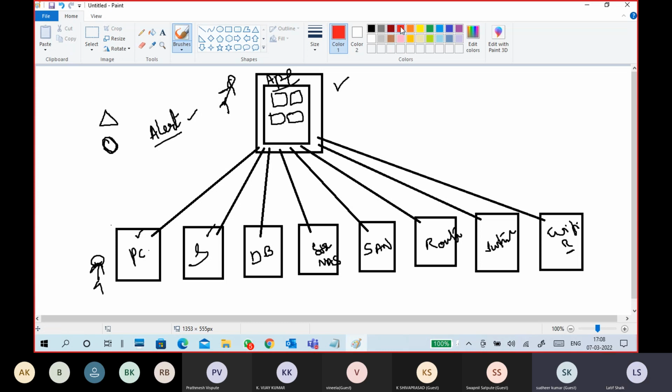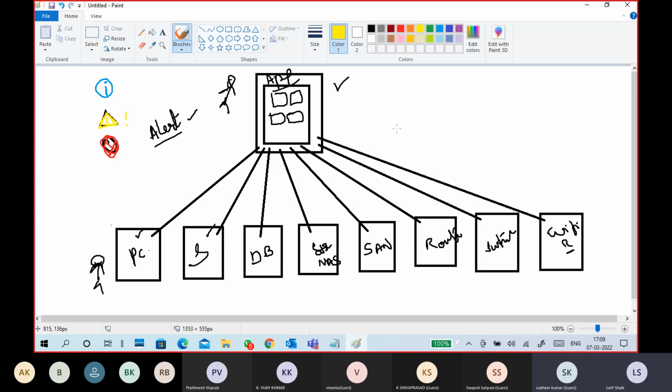Error is in red color, warning is in yellow color, and there is also information. This is the I for information, an exclamation mark for a warning, and a cross mark for an alert, right? So these are the different types of alerts it will generate.